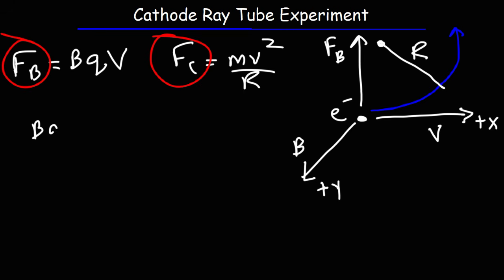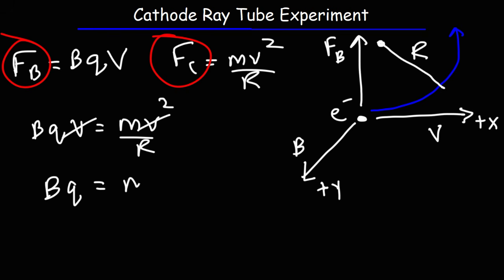So we could say that BQV is equal to mv squared over r. If we divide both sides by v, we're going to get BQ is equal to mv over r, where m is the mass of the electron, v is the speed or the velocity of the electron, and r is the radius of curvature.